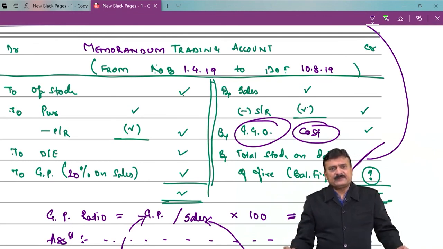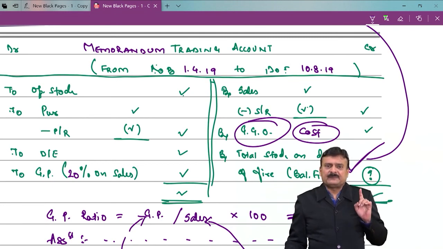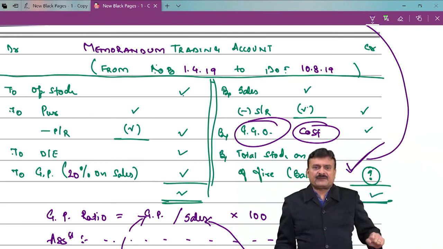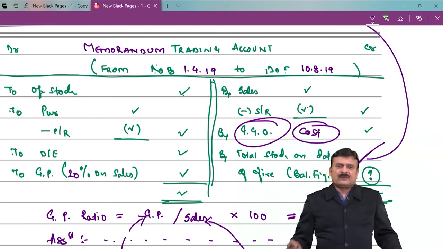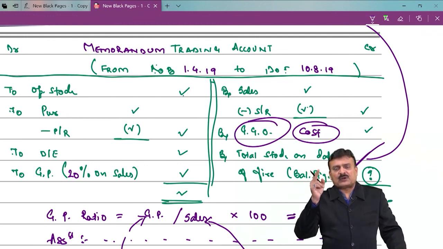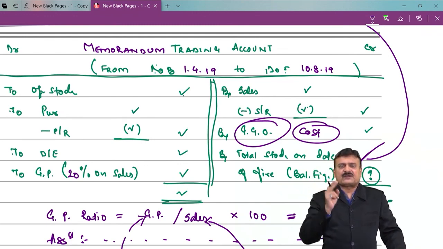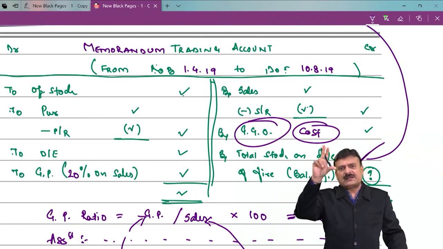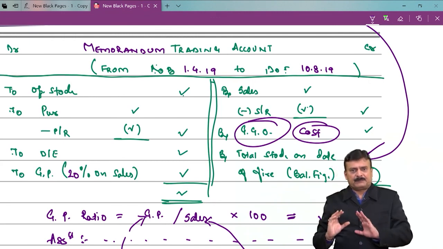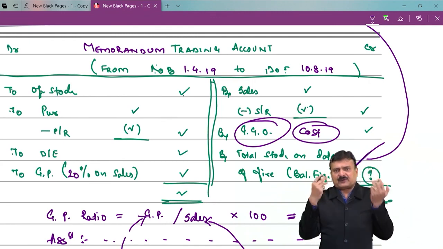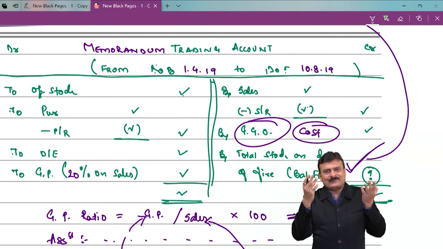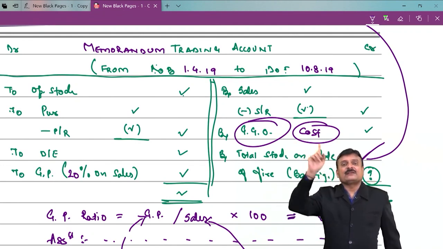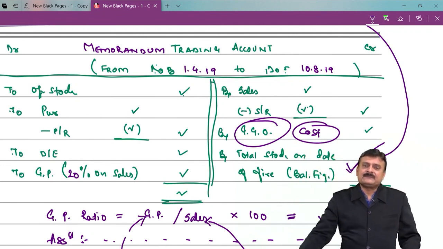So summarizing, step 1, see whether GP ratio is given or not. If GP ratio is given, start with memorandum trading. If GP ratio is not given, start with trading. If you start with trading, first complete trading account, from that calculate gross profit ratio, then prepare memorandum trading, apply gross profit ratio in memorandum trading. Assumption is GP ratio of last year and current year remains the same.